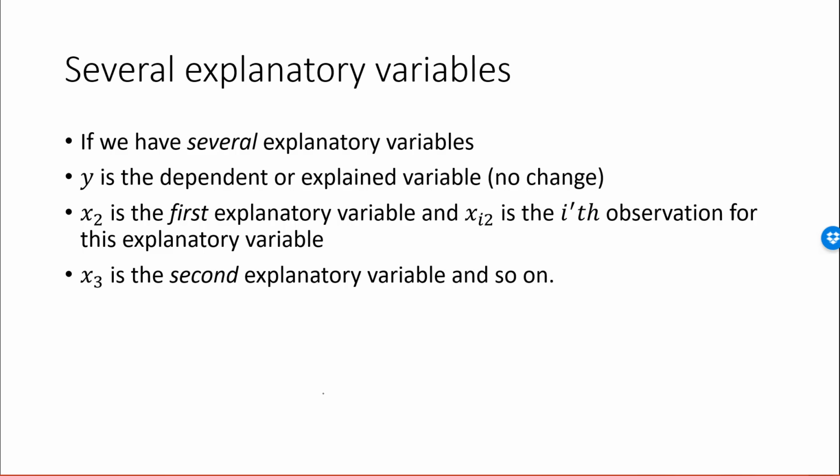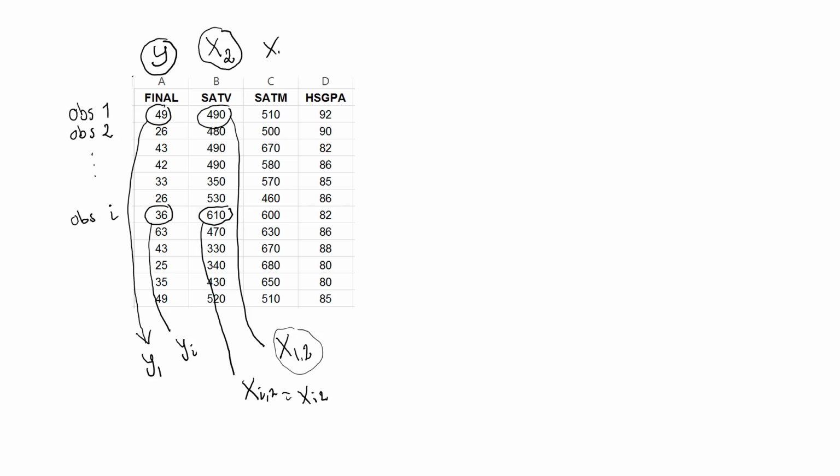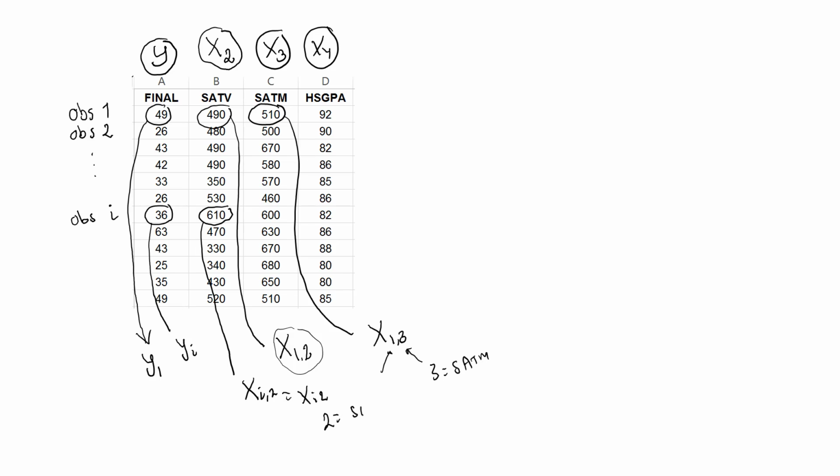Moving on then to the next variable, that's going to be called x3. So this will be x3 and this will be x4. Same type of convention here. This will be denoted by x1,3. This refers to the observation, and this will tell us which x variable it is, where 3 is equal to SATM and 2 is equal to SATV.